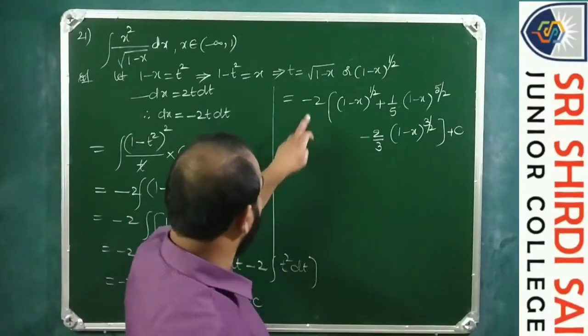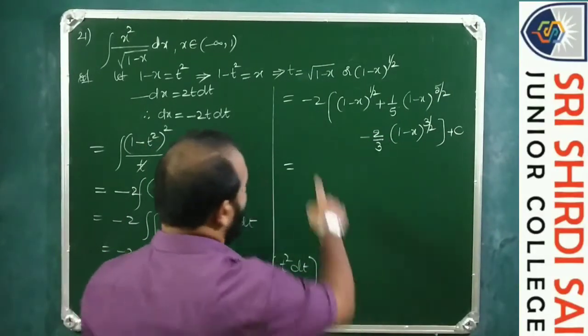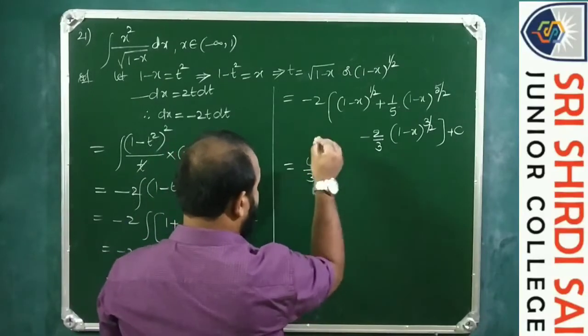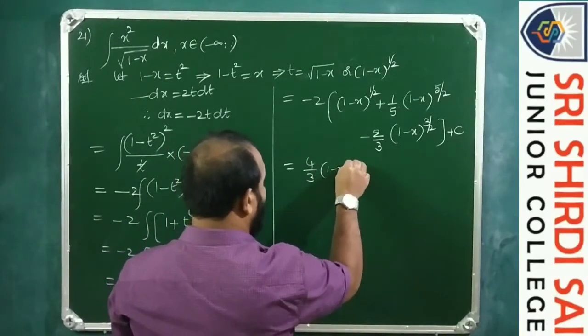So this is equals to minus into minus plus, 2 twos are 4 by 3, 1 minus x whole power 3 by 2.